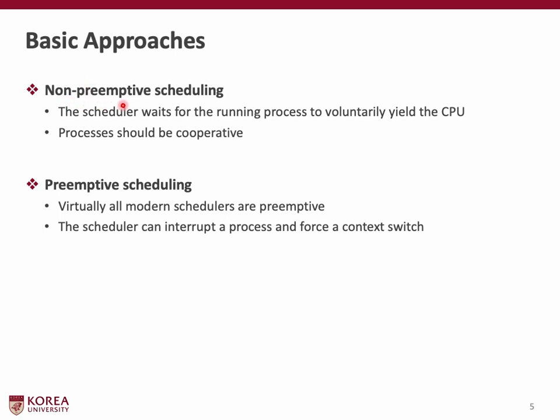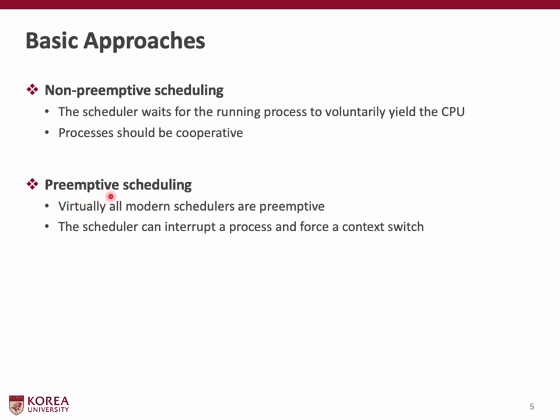First, in non-preemptive scheduling, the scheduler has to wait until the running process voluntarily yields the CPU. That means the process finishes by itself first, and only after that does the scheduler do its job. This kind of scheduling is used in systems where context switching is cooperative.